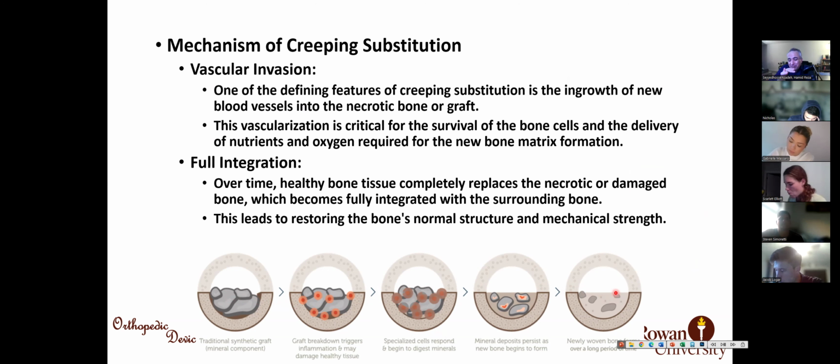But when we use bone graft, they are not alive. When we use bone substitute, they are synthetic, they are not alive. So this is the problem. First, they must be resorbed and then replaced. And sometimes this process is not what we want, because upon resorbing, the structure will be lost.